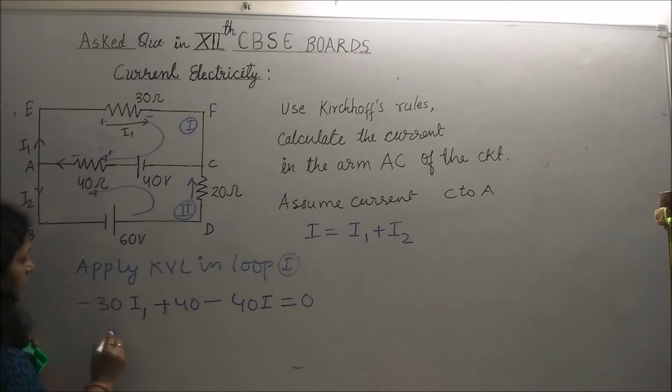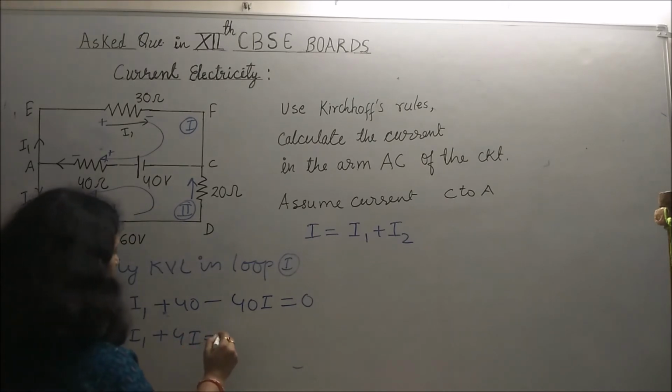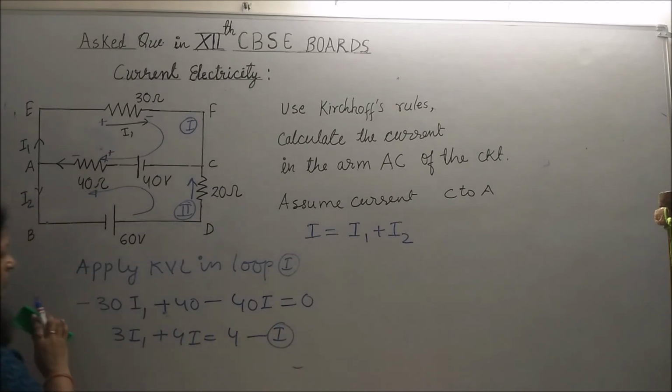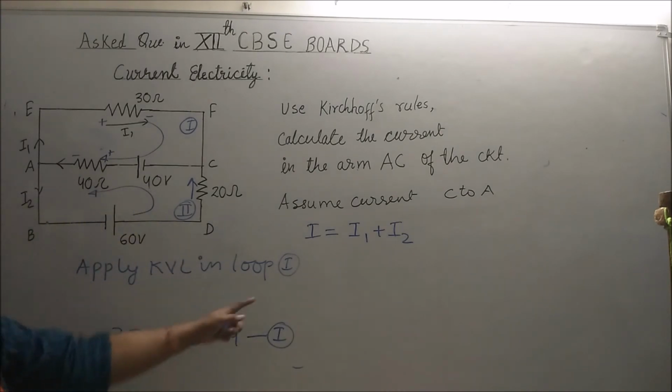So our equation is 3I1 plus 4I is equal to 4. This is our first equation, which we got by applying KVL in loop 1.